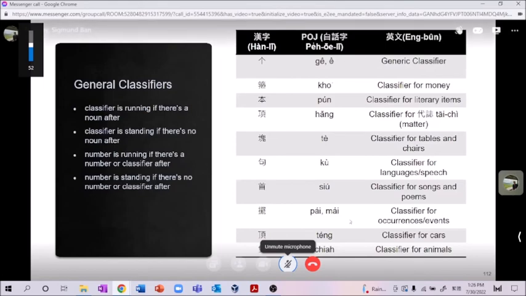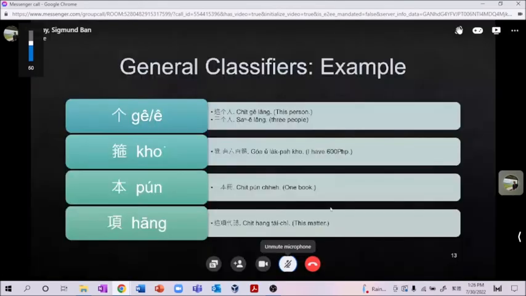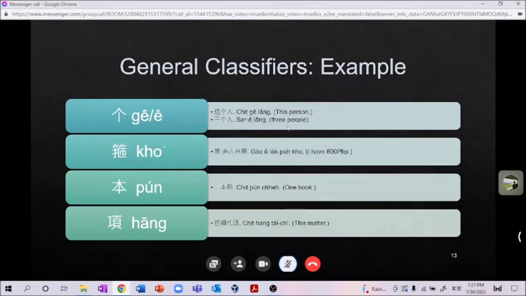So let's have some examples here on the usages of the general classifier. First we have sige lang, this person, sae lang, three people. Now, if you notice, we use ge and e. When are the times that we use ge and e?